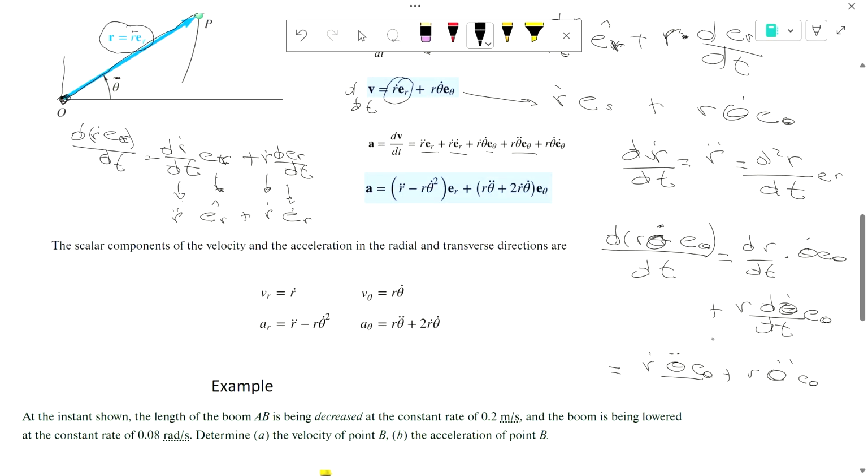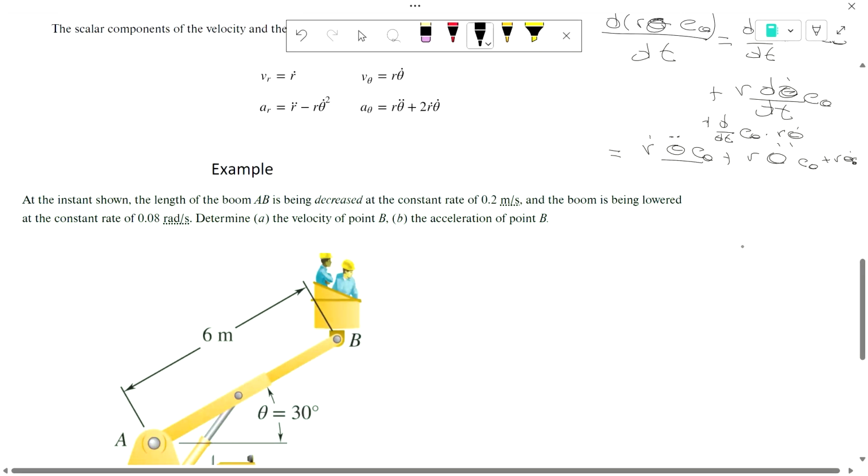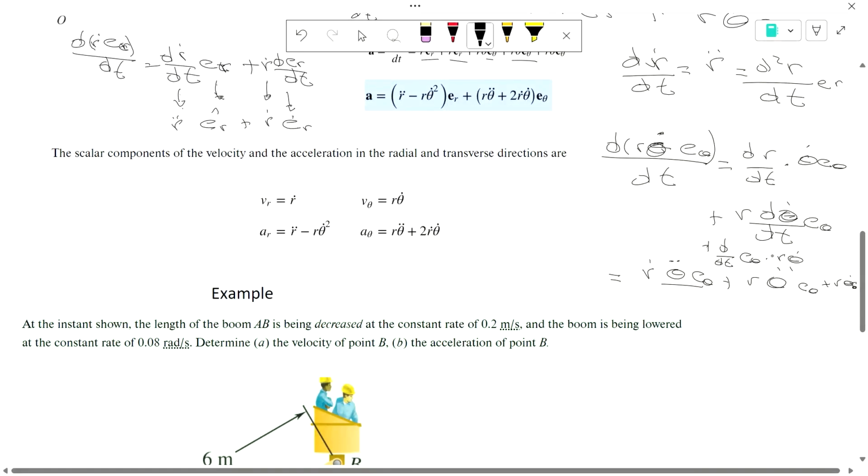We are actually missing one more term, which is plus the dt of e theta, and this is going to be multiplied by r theta dot. So this is the derivative, so plus r theta dot e theta dot. No, it's not very straightforward, but I just didn't have enough room.